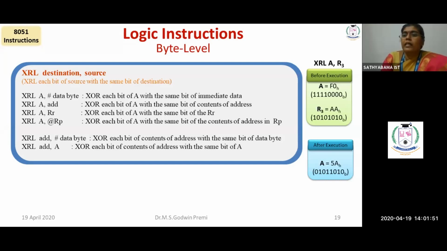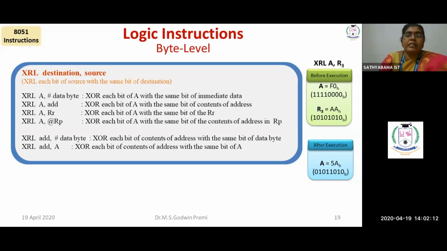So here also you see A is F0, R3 is AA. So just you can have a look. 1 1 XOR it is 0, 1 0 it is 1. So the resultant is 5A. Just perform bitwise XOR operation. All the 8 bits are XORed. That's why it is called as byte level.